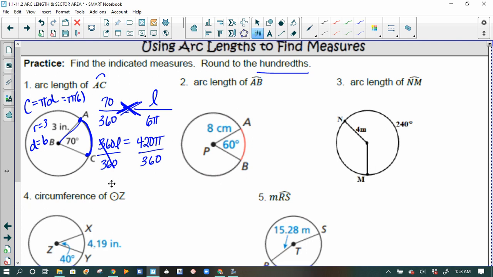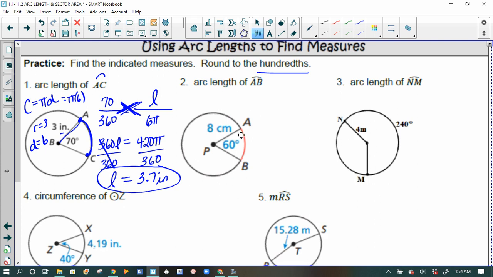So 360 divided by 360, so L. Now in my calculator, I'm going to type in 420 pi divided by 360. I get 3.7. And that's in inches because that's the unit they gave us. So there's your answer. So cross multiply and divide.